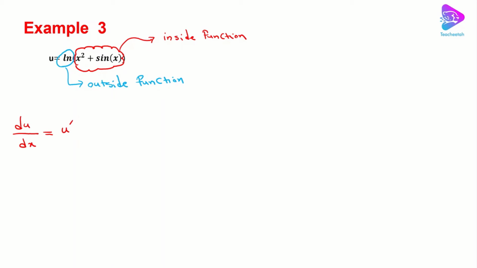This is the form of representation: you can write it as du over dx, or you can write it as u prime, equals 1 over (x squared plus sine x), and basically this is the derivative of the outside function, because we know that the derivative of ln x is 1 over x, and here the x is x squared plus sine x.